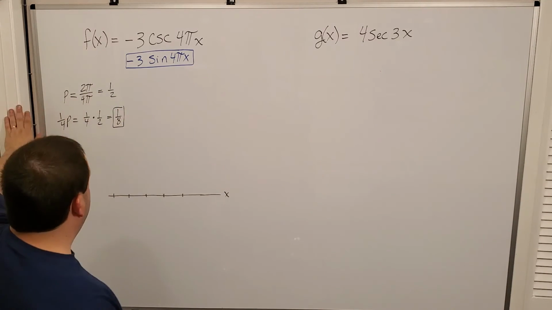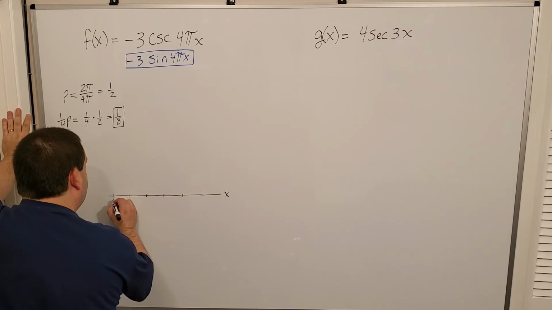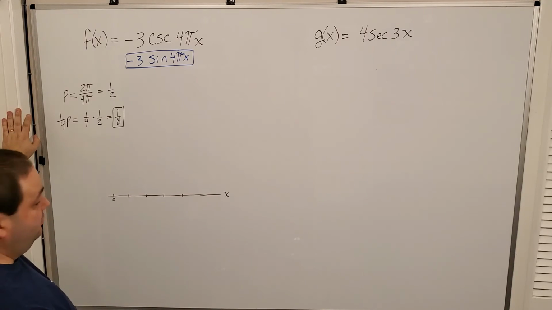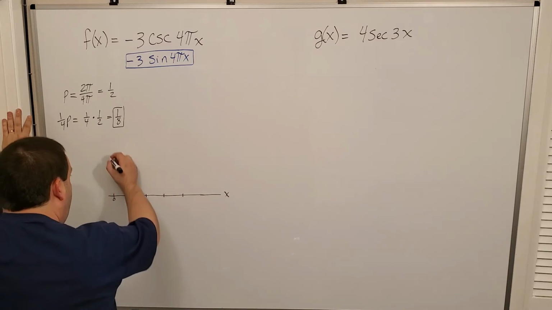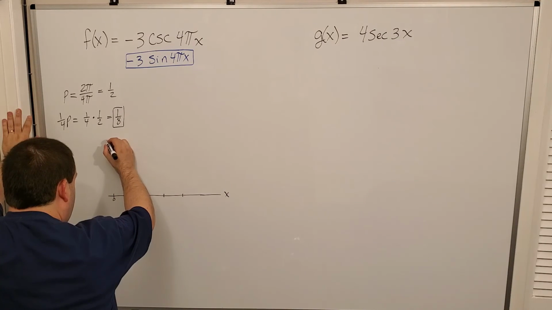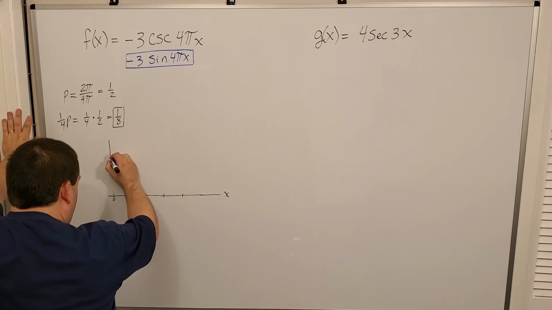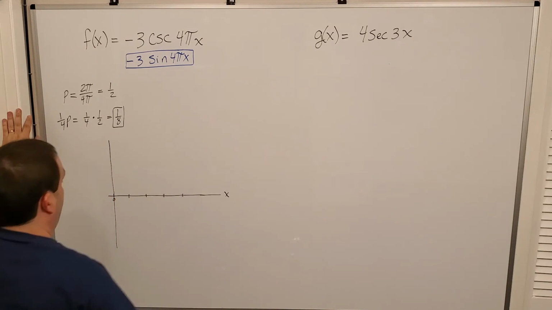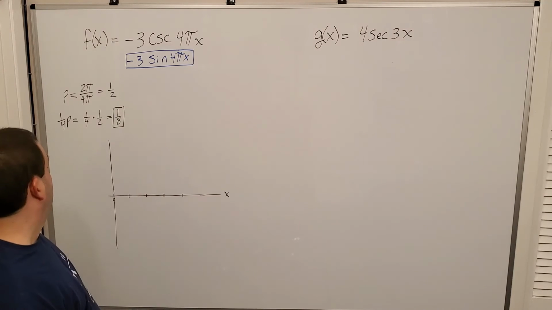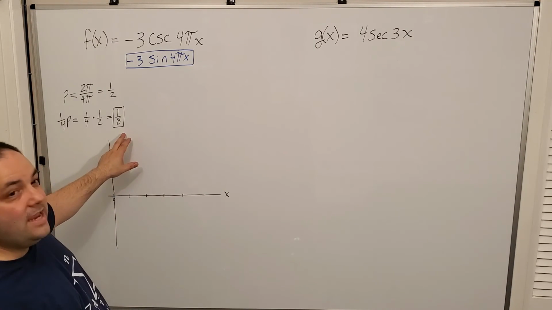And remember, sine is going to start at 0. So this is 0 is my first mark there, which means this is also where my y-axis is going to be. Helpful to know. There's my y-axis. And I'm going to be counting by eighths.